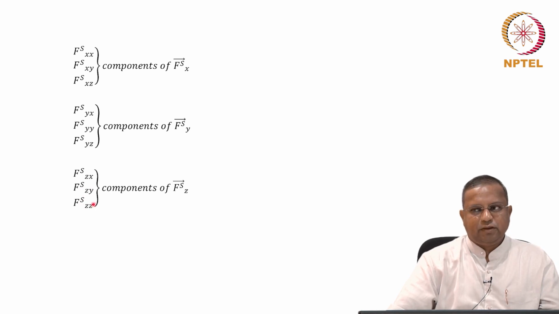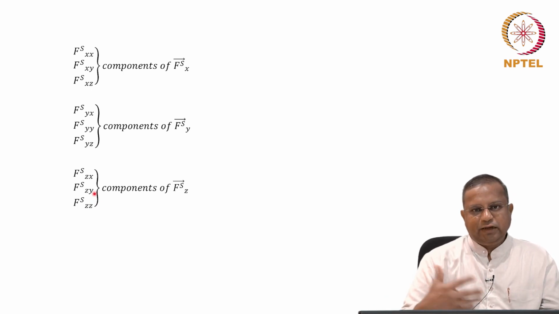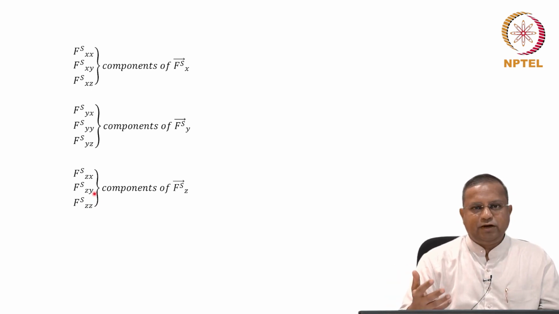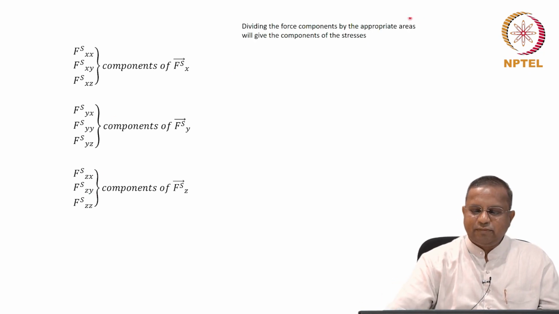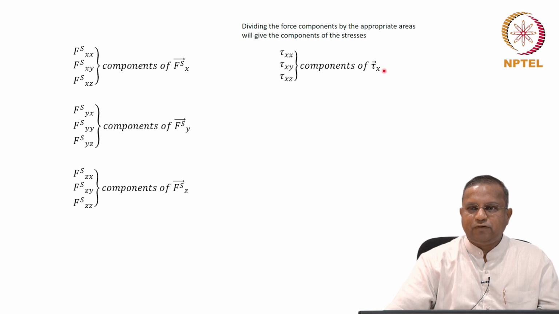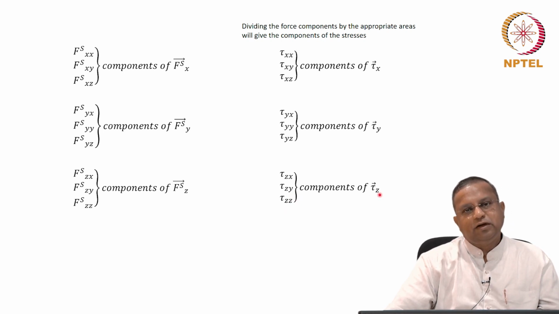Now let us divide these forces by the area of those faces, and if we divide the shear force by the area, you get the shear stress. So the corresponding shear stresses are tau xx, tau xy, tau xz, components of tau x, tau yx, tau yy, tau yz, the components of tau y, and tau zx, tau zy, tau zz, the components of tau z.